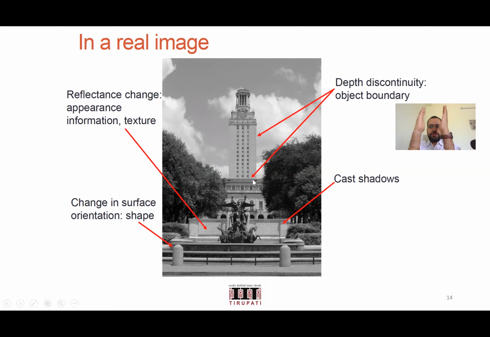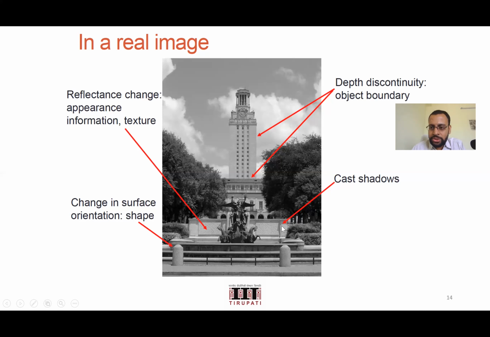Here also you have a pillar. Before that there is a kind of platform here, and then there is this construction of this tower, not pillar, tower. So that is giving you one discontinuity here. Okay, and then one of you rightly pointed out texture. What texture does is it brings a change in the reflectance or appearance, and that's why you could see some edges here.